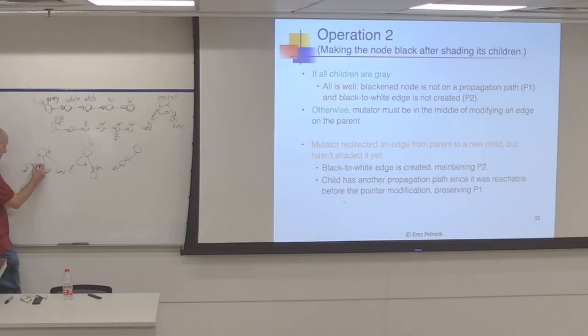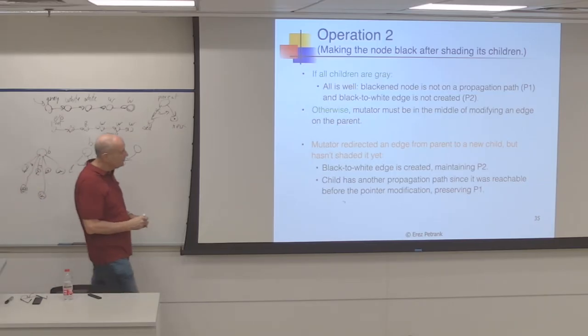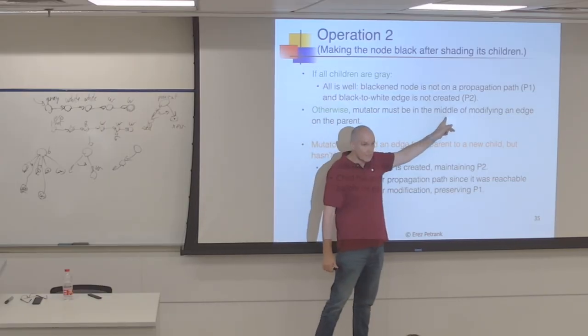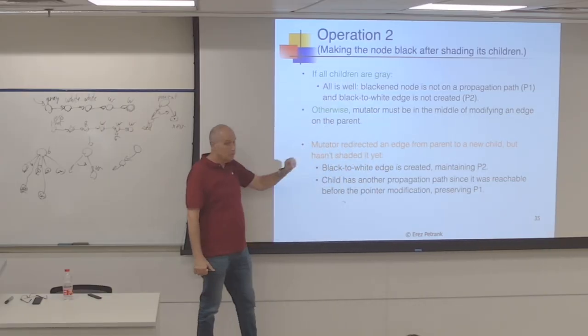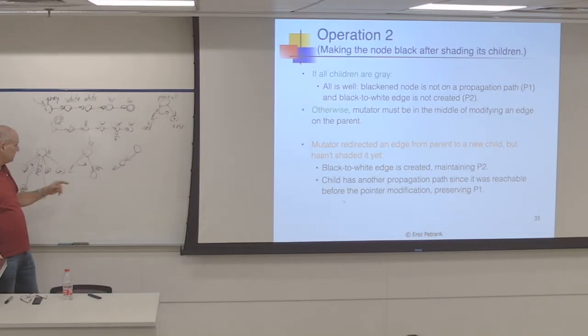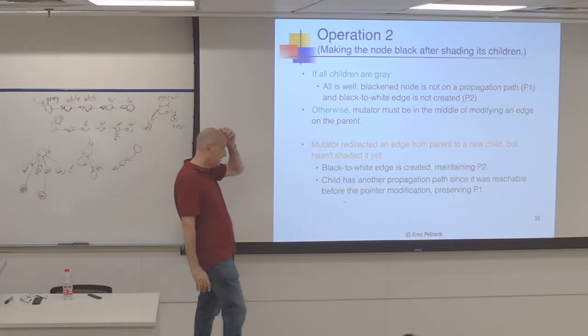But it could do this and then do this. Maybe this was white, and maybe it's in the middle of this, and it didn't manage to finish and shade the modified edge. So my only worry is that the mutator is in the middle of modifying an edge on the parent that I'm going to make black. It changed an edge and it didn't get to shading it. This is what might worry me.